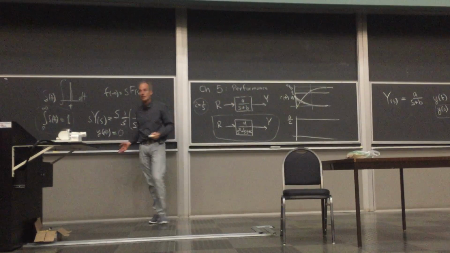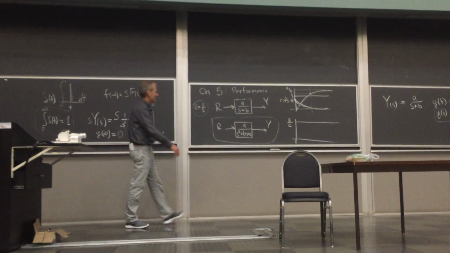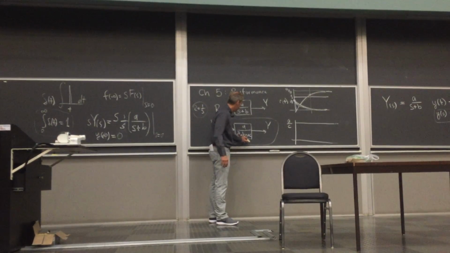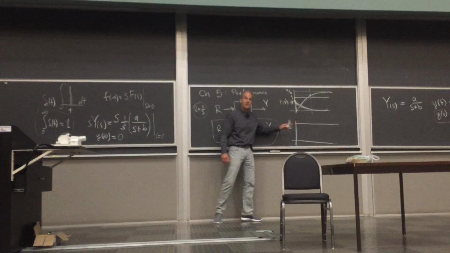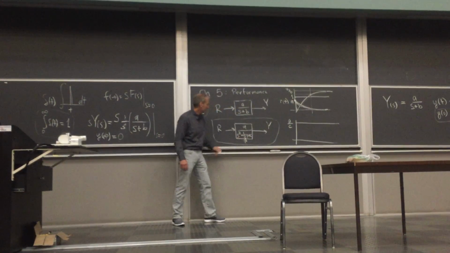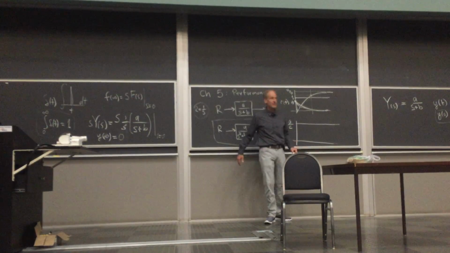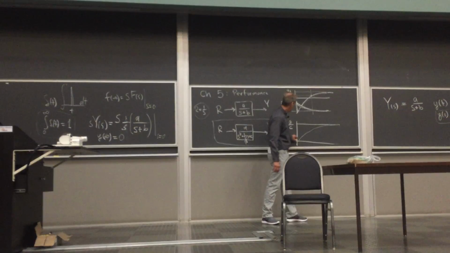And then how does it get there? How does it respond? It depends totally on B and C. Not on A. A just determines how high it goes. It depends on these two coefficients. And what's your guess? Does it go like this? Does it go like this?